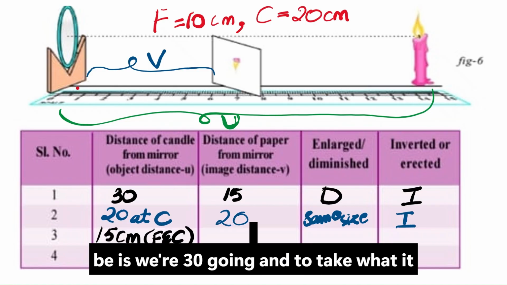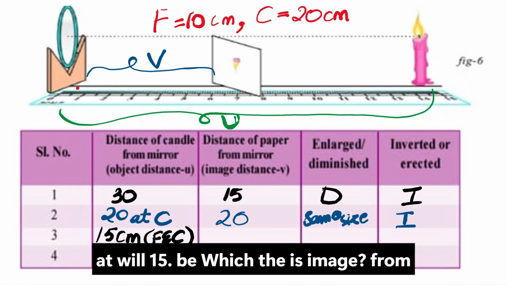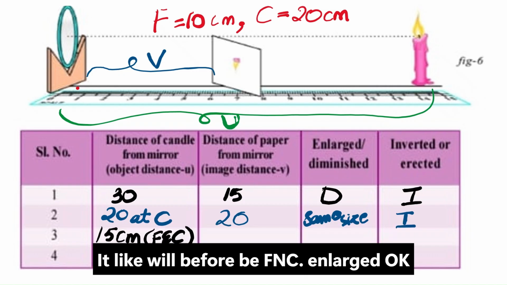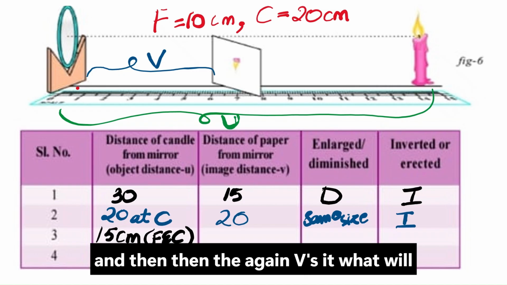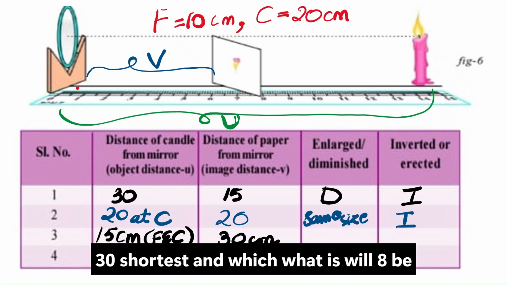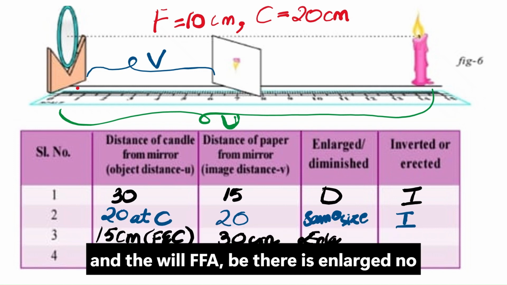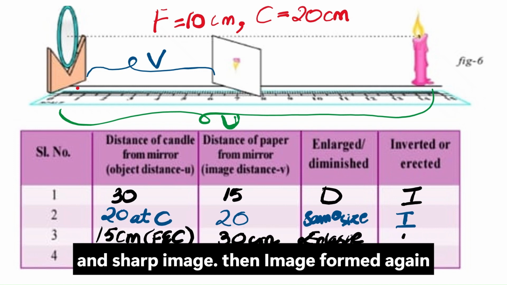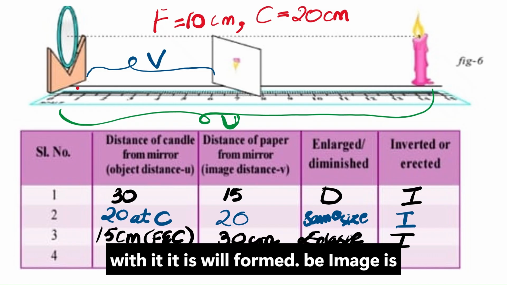The third one we take at 15, which is between F and C. Then V, the image distance, will be 30, and the image will be enlarged and again inverted.